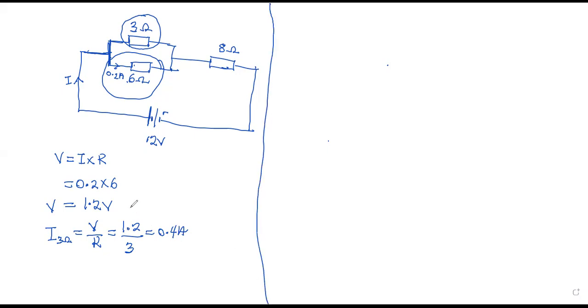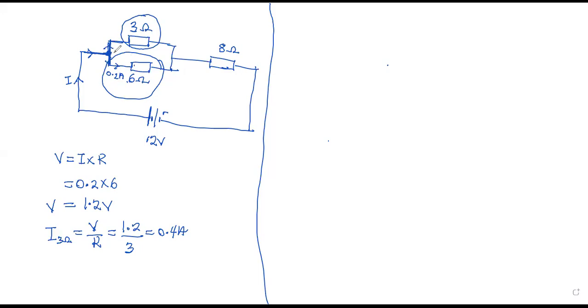Now from Kirchhoff's current law, Kirchhoff's current law says that at a junction, total current entering the junction is equal to the total current leaving that same junction.